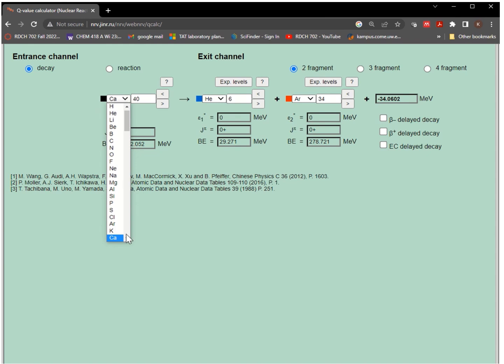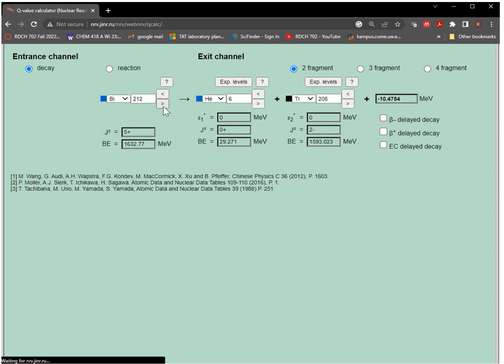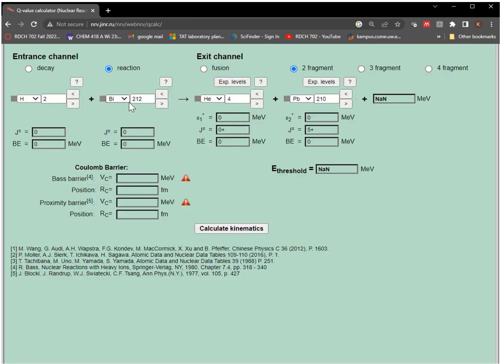So we can start with our bismuth decay, bismuth-212. Let's just make it go to an alpha particle, thallium-208, and we get the Q value. We can do a reaction. Lead-206 plus deuterium. Let's make gold.